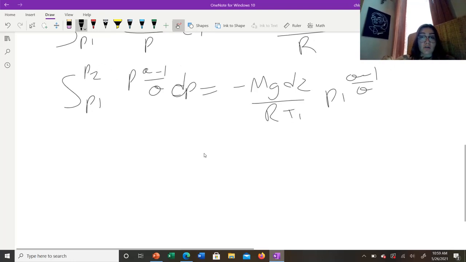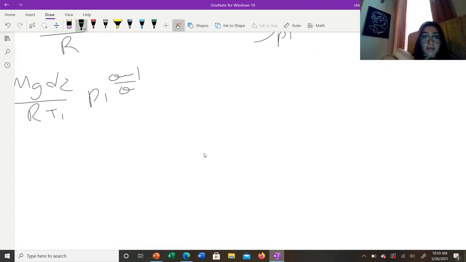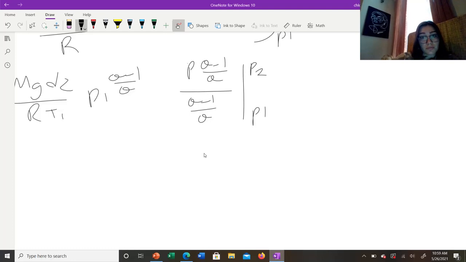So now we're going to actually solve for the integral, and it's going to be P to the gamma minus 1 over gamma minus 1 over gamma from P1 to P2.